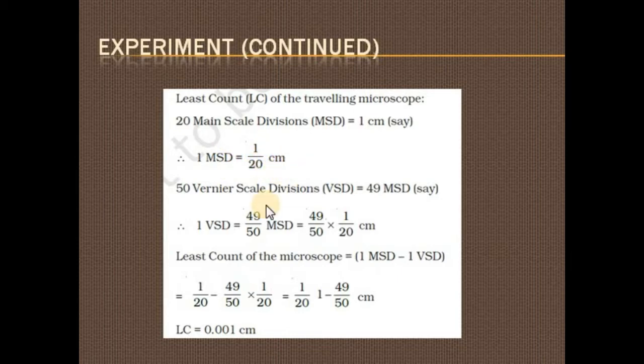Now if you carefully observe the vernier scale attached to your traveling microscope, and you find that 50 vernier scale divisions are equal to 49 main scale divisions, then one vernier scale division will be calculated like this. So the least count you can find out this way, and for this example, the least count we have observed is 0.001 centimeter.